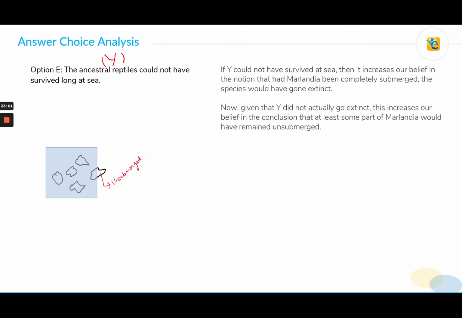That was the expectation. Now, given that Y did not actually go extinct, it increases your belief that the species definitely cannot survive on water. Maybe it survived because there was some piece of land that remained unsubmerged. The species survived by staying afloat on this unsubmerged piece of land. So this is along the lines of our pre-thought strengthener 1. It is the only correct answer to this question.